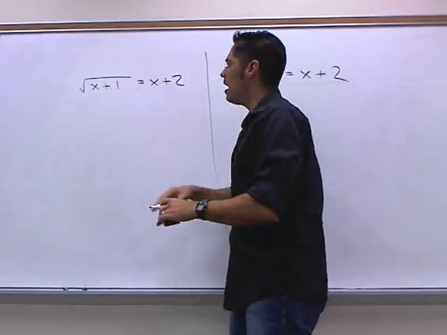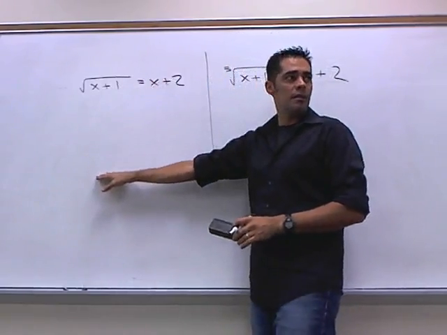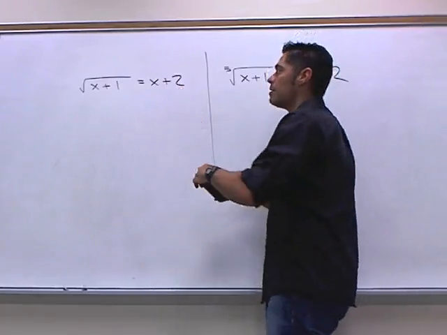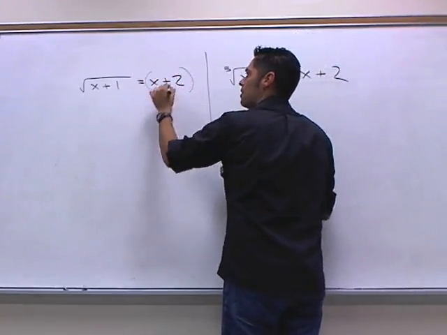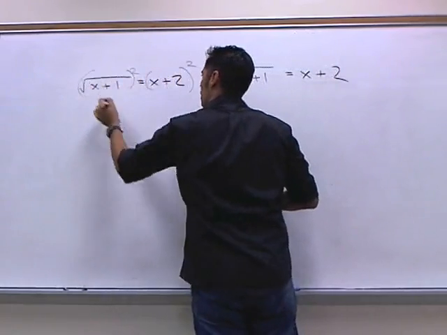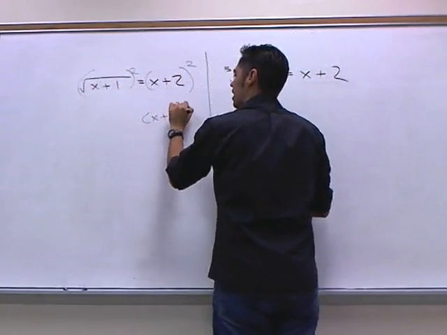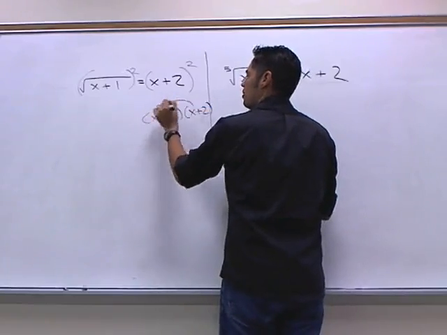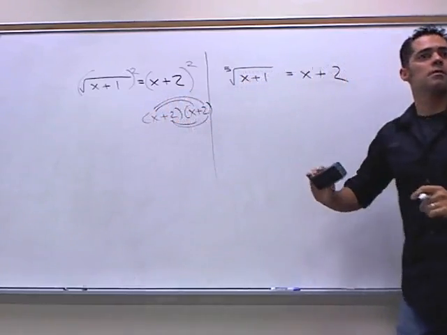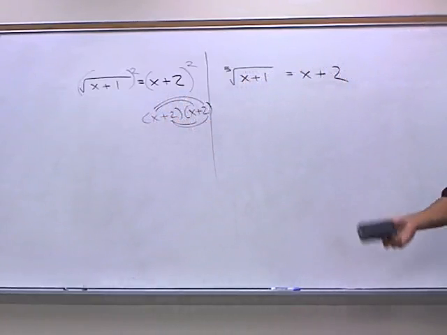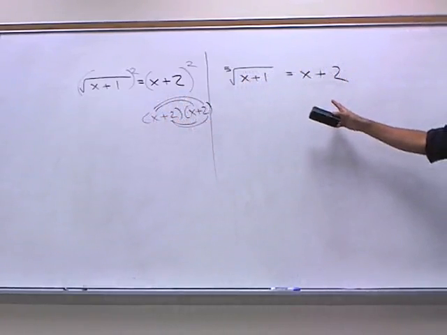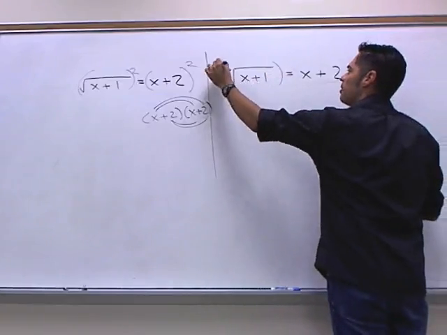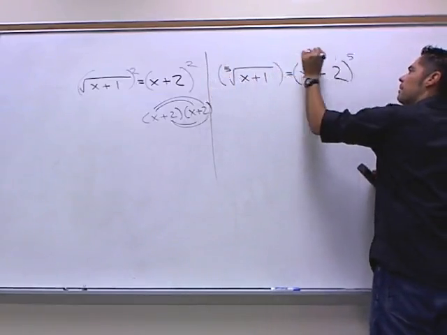You square both sides, so when you square the left, it's x plus 1, right? You square the right, you have to do x plus 2 times x plus 2, which means you FOIL, correct? And then it's a quadratic equation, you have to work through it. Here, if I did the same thing, you'd have to do what power on both sides? 5 and 5.